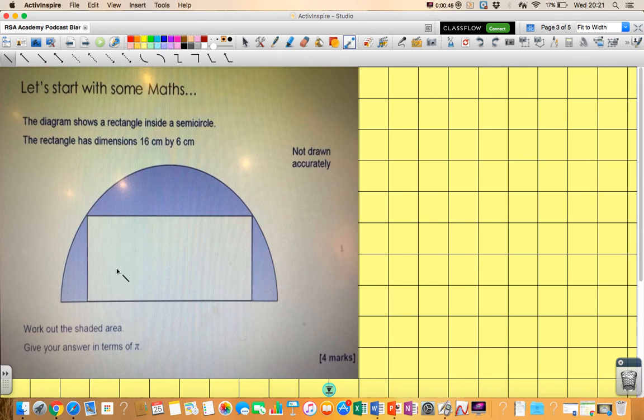We have this distance here, which is 16 centimeters, and we have this distance here, which is 6 centimeters.